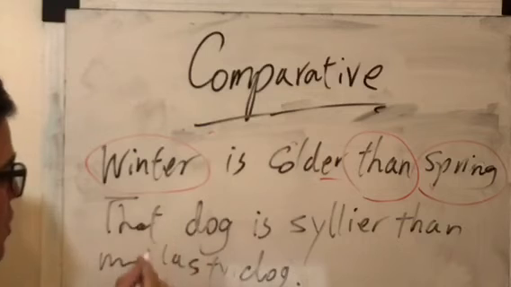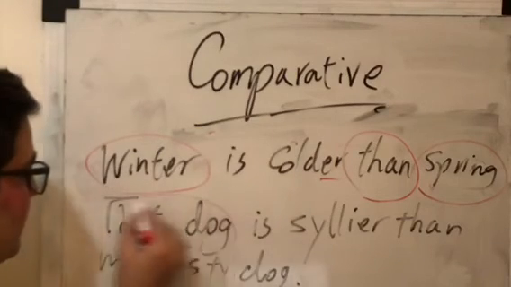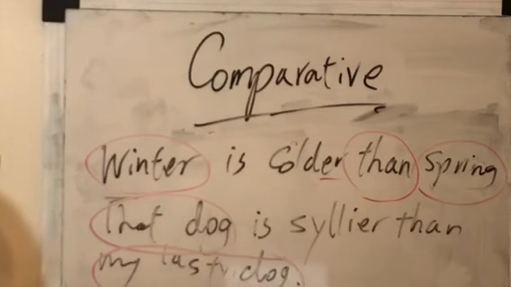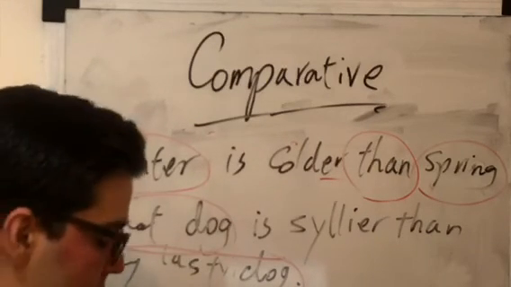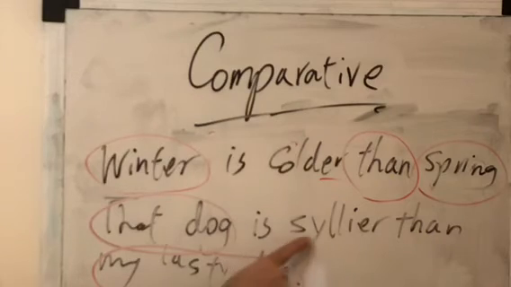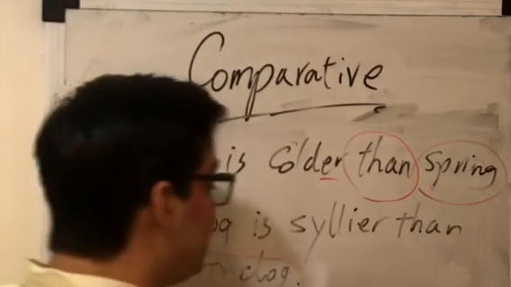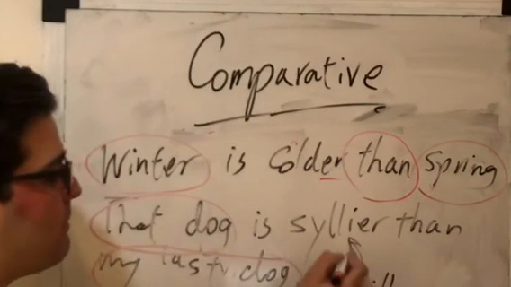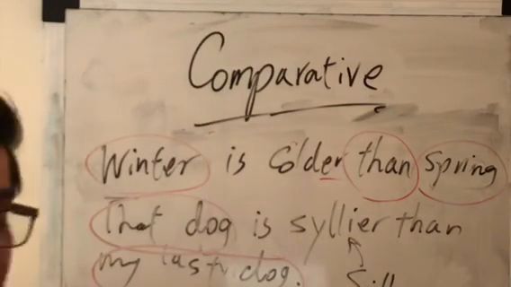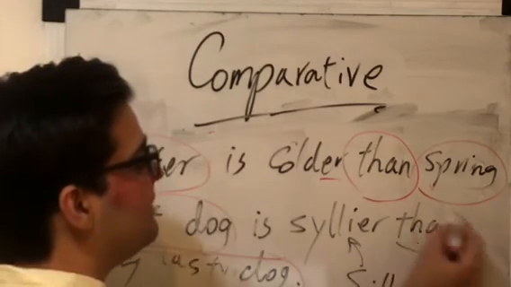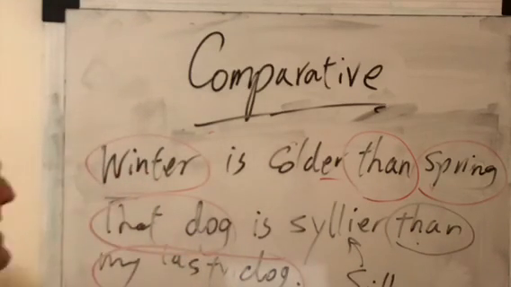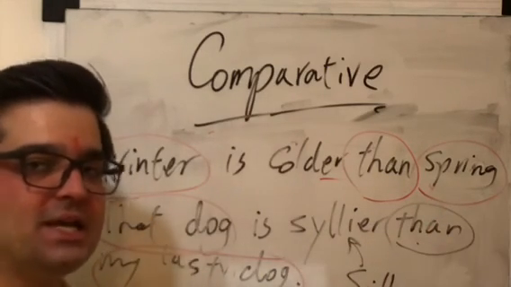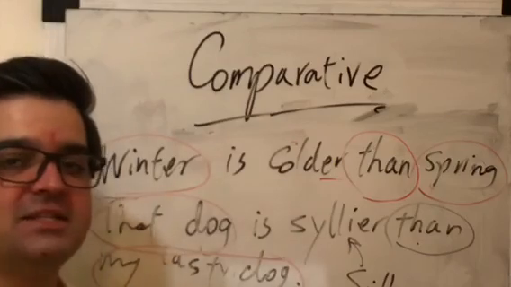That dog, so we're comparing that dog and my last dog. Silly. Silly is an adjective, but we want to make it a comparative adjective, sillier, and then you can use than, and the other things you want to say, to show differences and similarities.